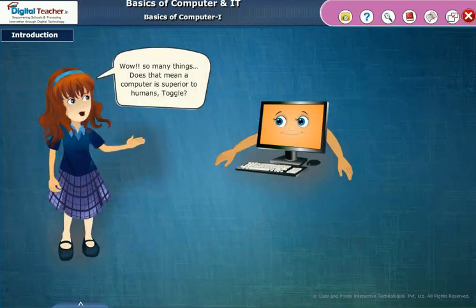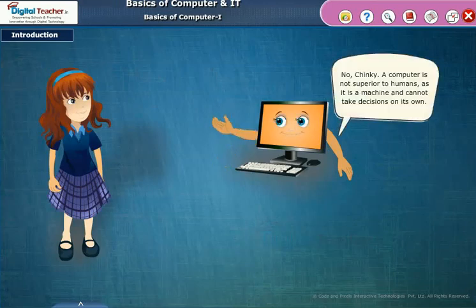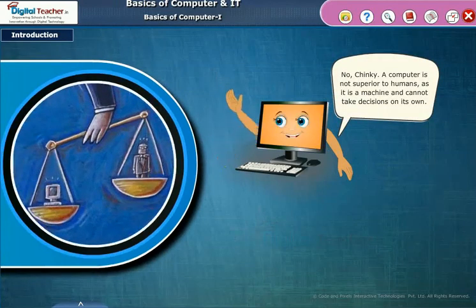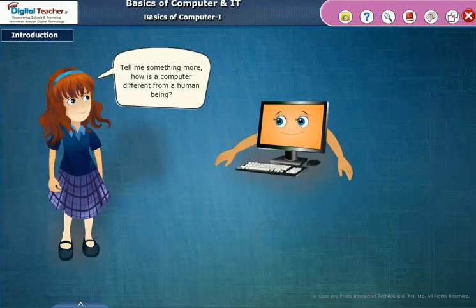Wow! So many things! Does that mean a computer is superior to humans, Toggle? No, Chinky, a computer is not superior to humans, as it is a machine and cannot take decisions on its own. Tell me something more. How is a computer different from a human being?